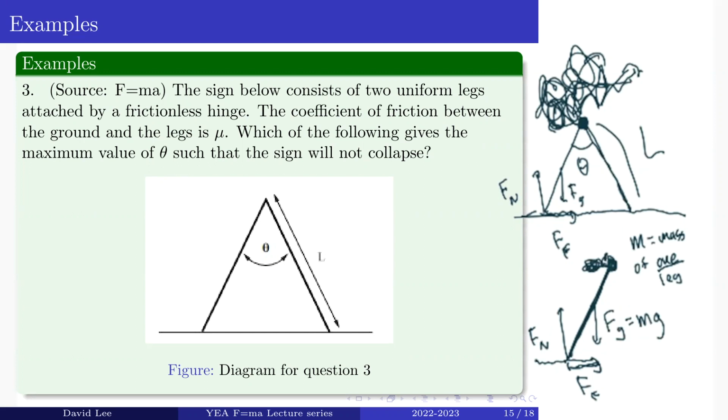But it turns out, yes, it's just opposite the force of gravity. And why is this? Well, if you look at the whole sign as a whole, the total gravity force will be 2mg because there are two legs. And the total normal force must also be 2mg. And because of symmetry, we can just assume that it's mg on each leg. So the normal force here should be equal to mg.